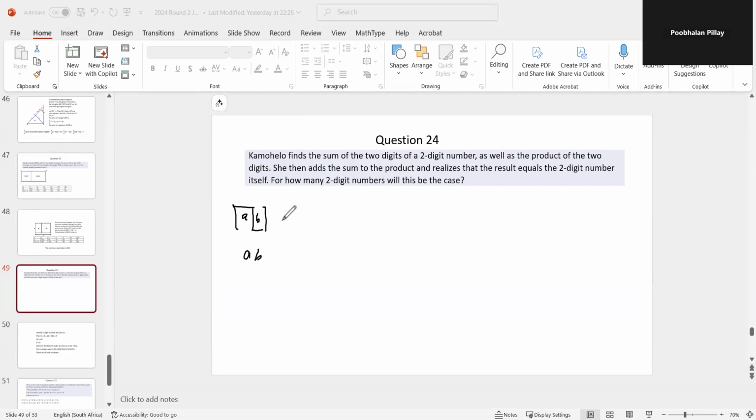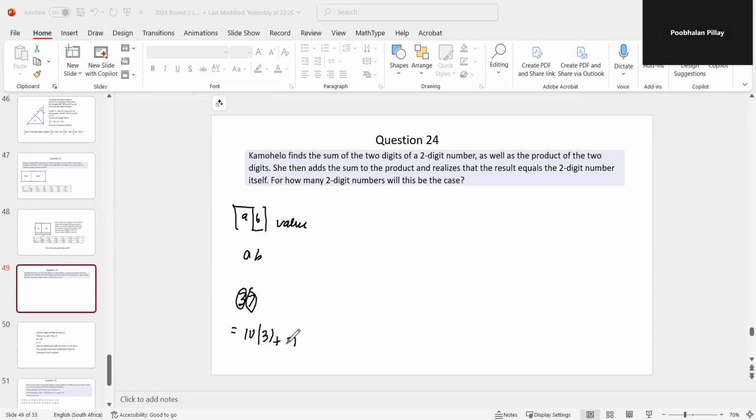Its actual value, if you take 37, in terms of the digits, these are called the digits. 37 is, you've got 10 threes, because this is the tens unit. So it's 3 times 10, and then the units is 7.